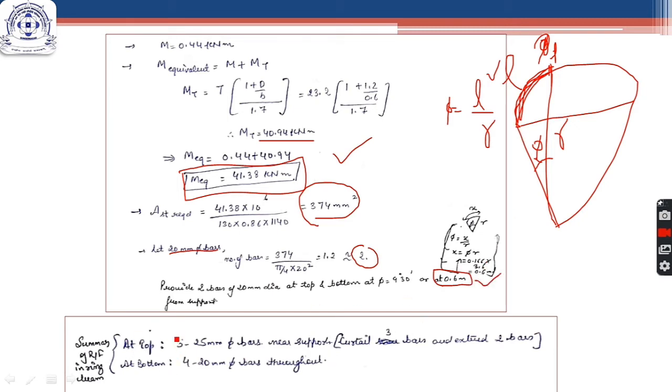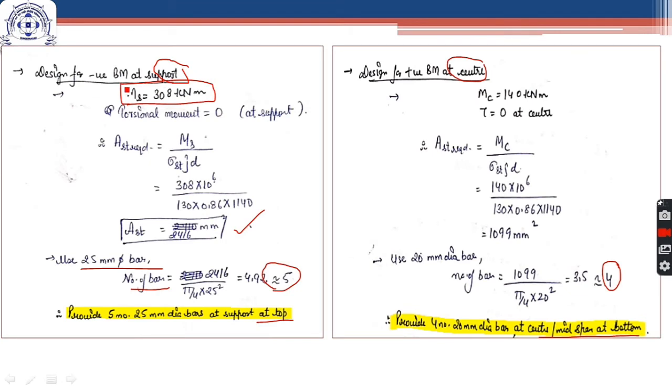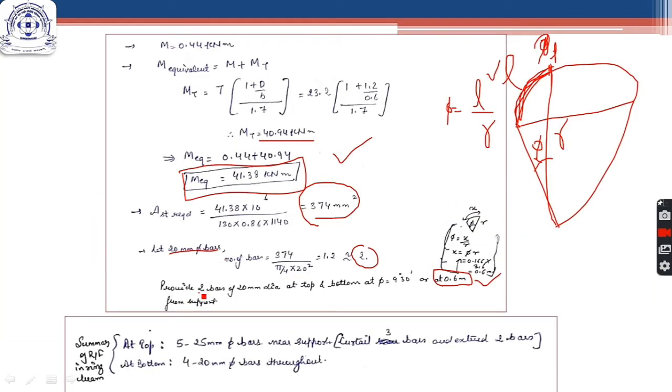So therefore, to summarize the reinforcement, we have calculated 3 reinforcements. First reinforcement at the support, negative bending moment, that is provided at top. We have got 5 number 24 mm diameter bars, and at bottom we have found 4 number 20 mm diameter at the center. And apart from this, we have also found out 2 bars of 20 mm diameter at top as well as bottom at this particular point.